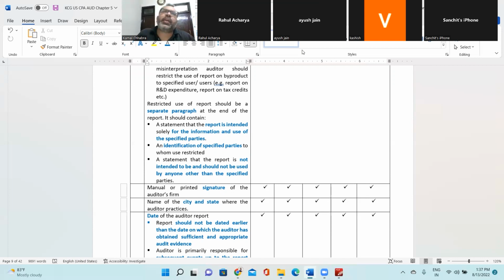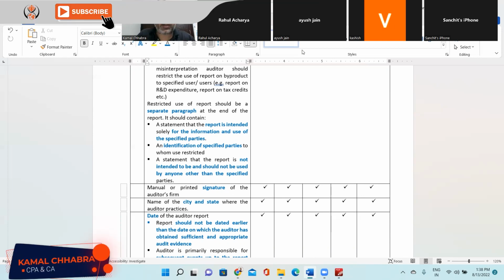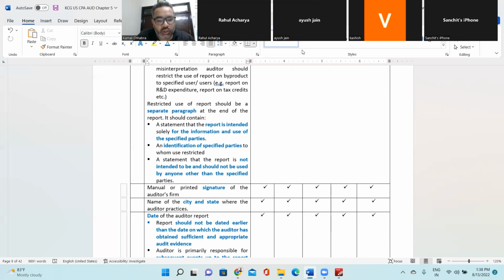EY US is doing the consolidation of financial statements in which there is an entity in India for which you are the auditor, and you are supposed to report to EY US for that particular component. So in your report, you will specifically mention that our report is intended solely for the group reporting purpose and to be used by EY US only. Make sense?